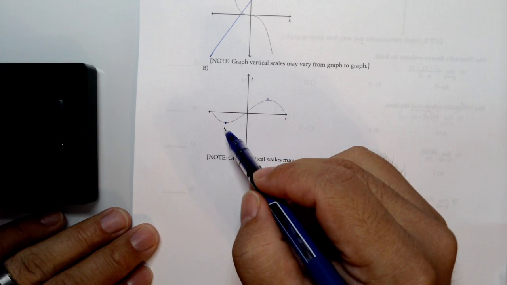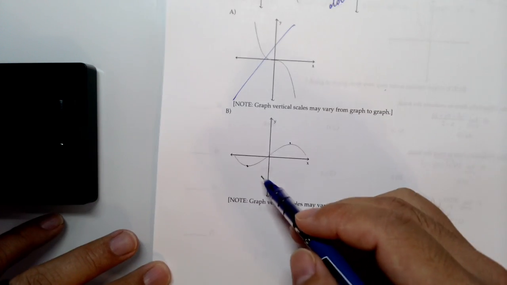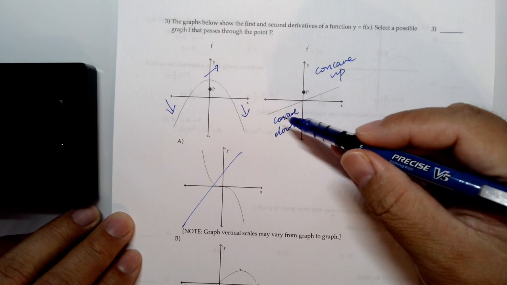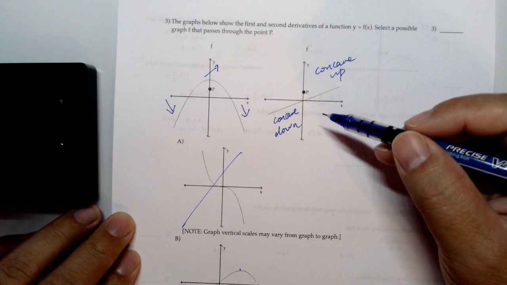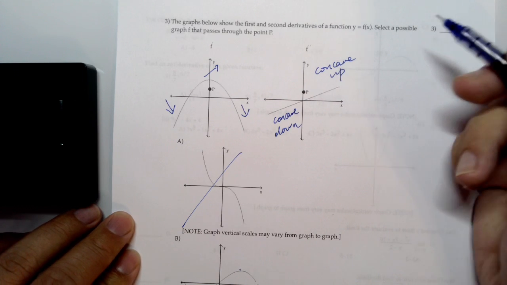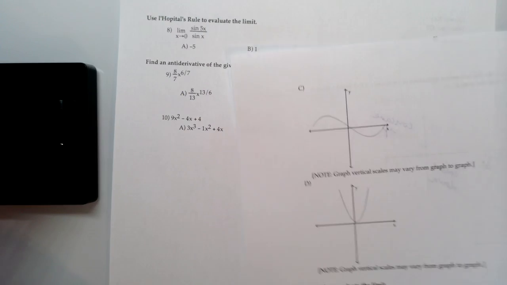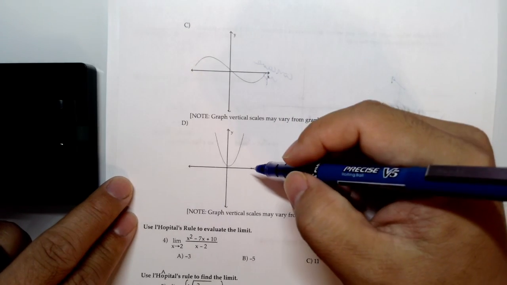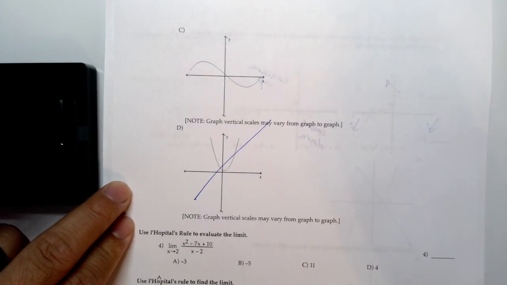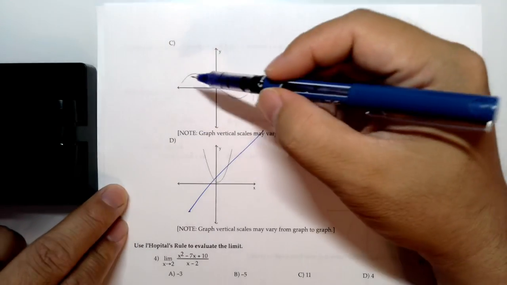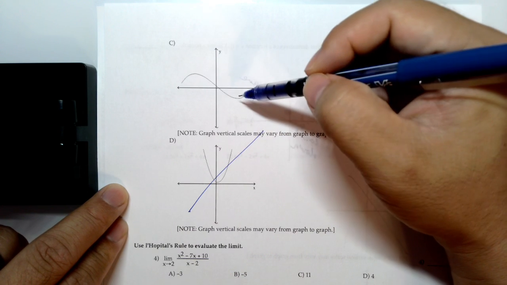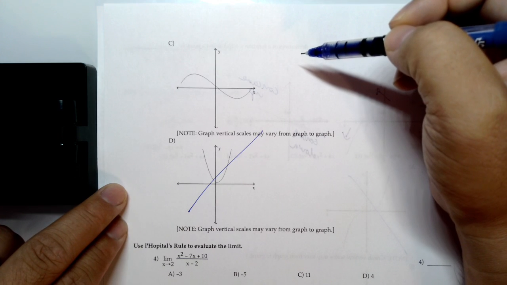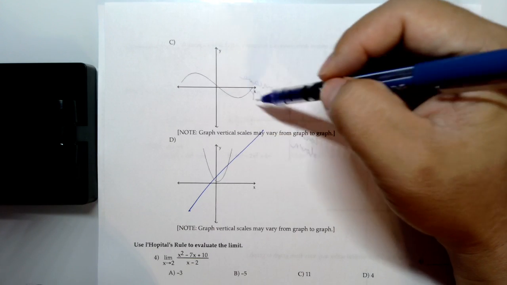But for the concavity, this part is concave up and this is concave down, and remember we need concave down first and then concave up. So D cannot be true. Let's look at C: increase, decrease, increase.